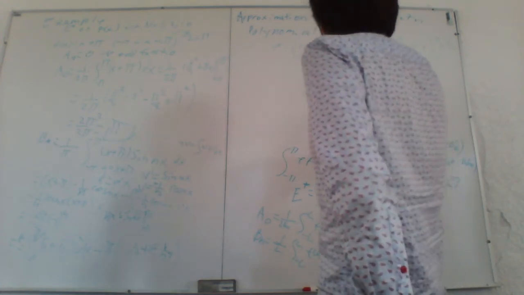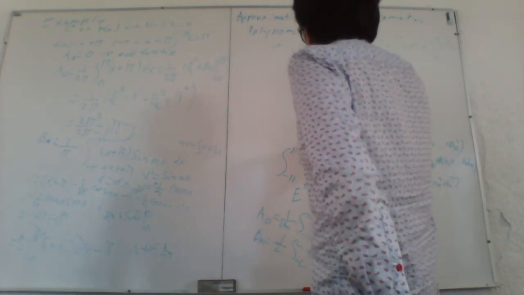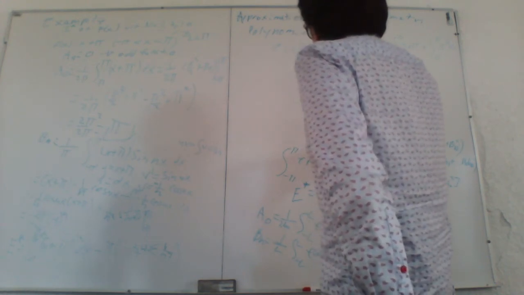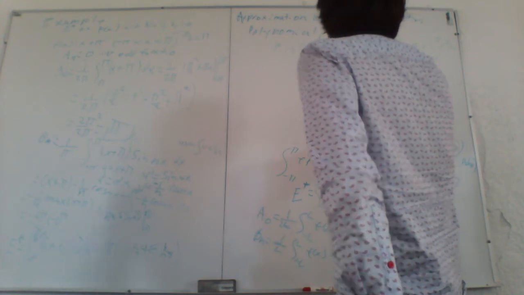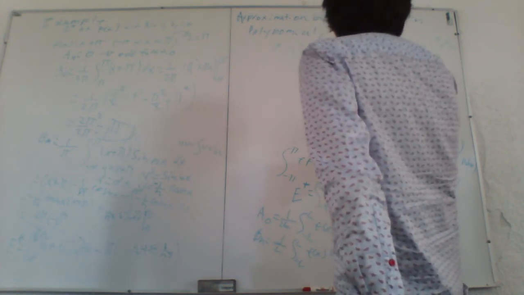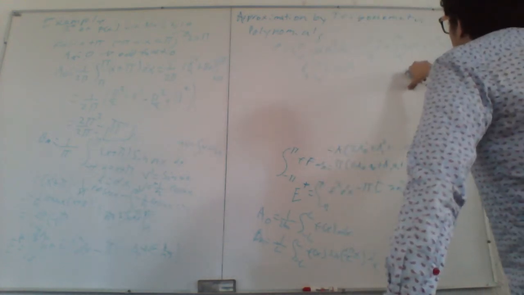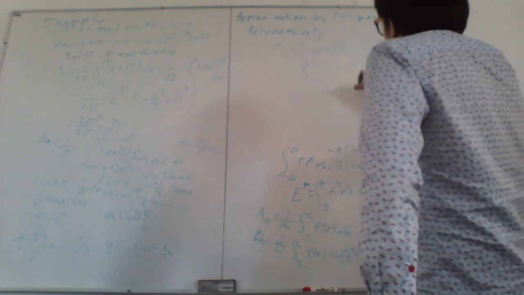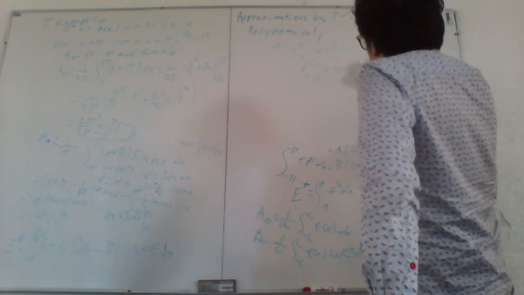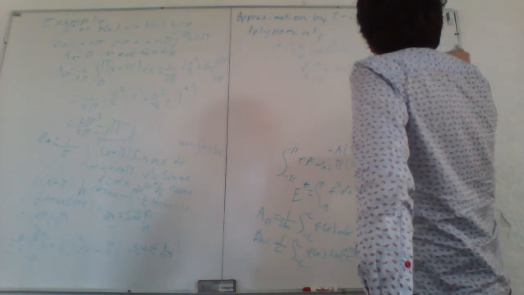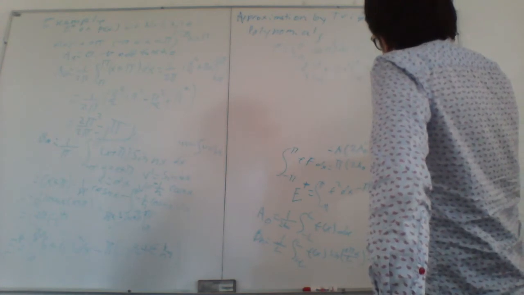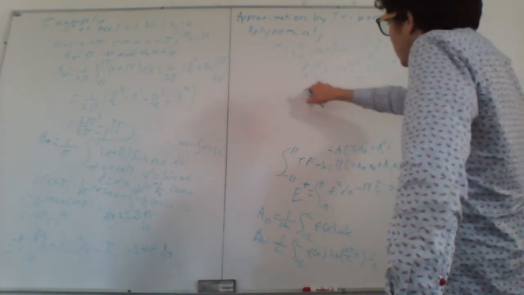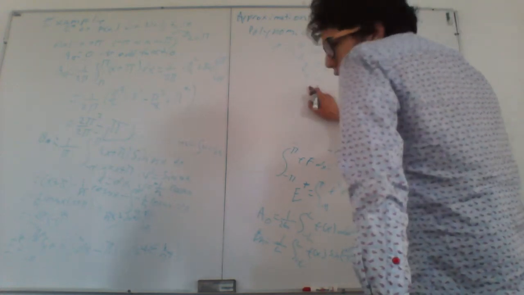So this is equal to the square of x from minus pi to pi, plus pi squared times x from minus pi to pi. Okay? So we are going to solve it.